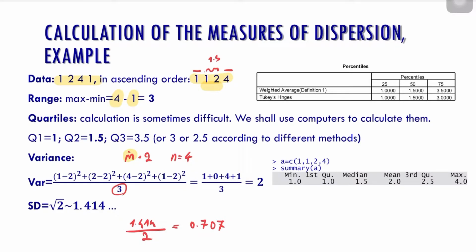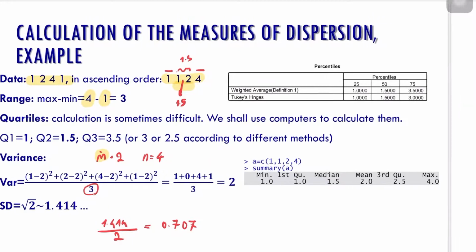Between these two, in the middle, we can find 1.5. And between these two, again in the middle, we can find 3 or 2.5, also depending on the type of calculation.